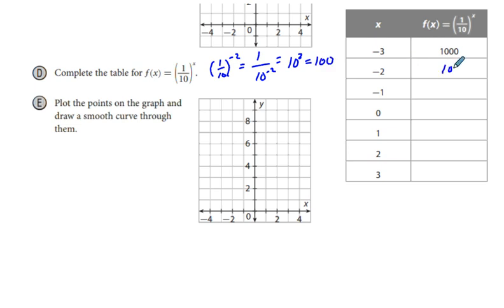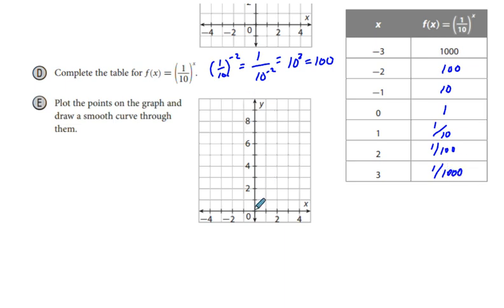If we plug in negative 1, we get 10. If we plug in 0, we get 1. If we plug in 1, we get 1/10. If we plug in 2, we get 1/100th. If we plug in 3, we get 1/1000th.